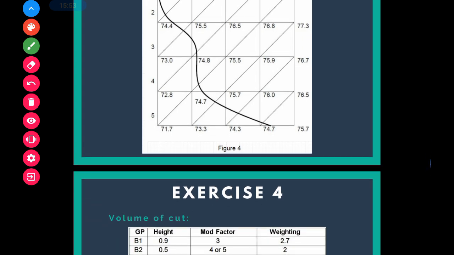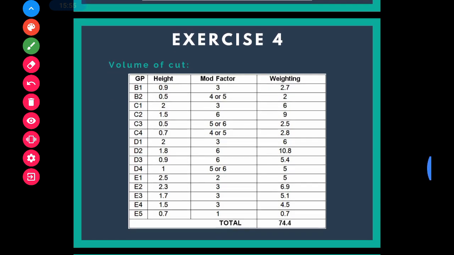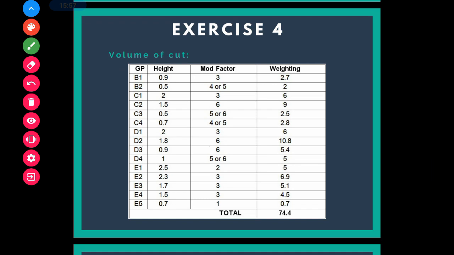So we look at the solution. In order for you to use tabulated format, you need to apply this table whereby the first column is GP, which refers to the grid point, and then you have your height, mode factor, and weighting.